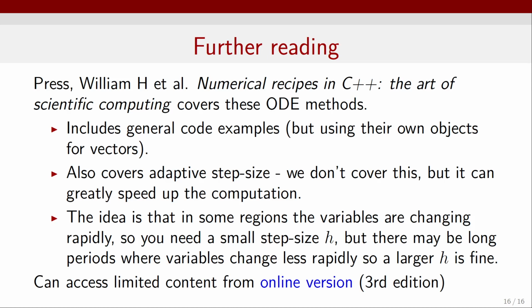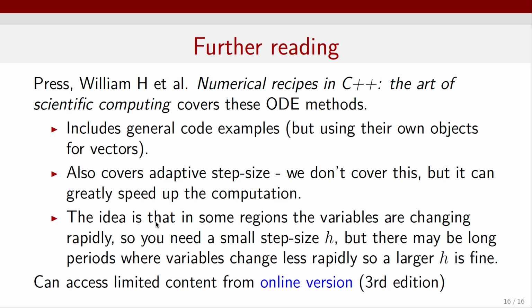You may find more on Runge-Kutta methods in the book Numerical Recipes in C++ by Press and others. This book also covers adaptive step size. We're not going to use this, but sometimes it can speed up the computation.